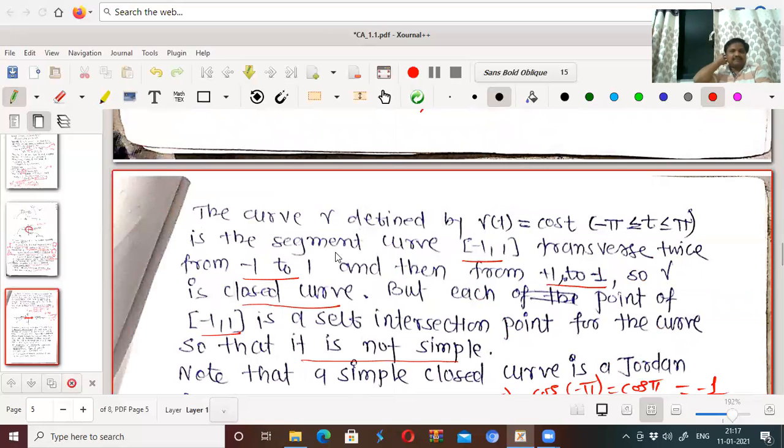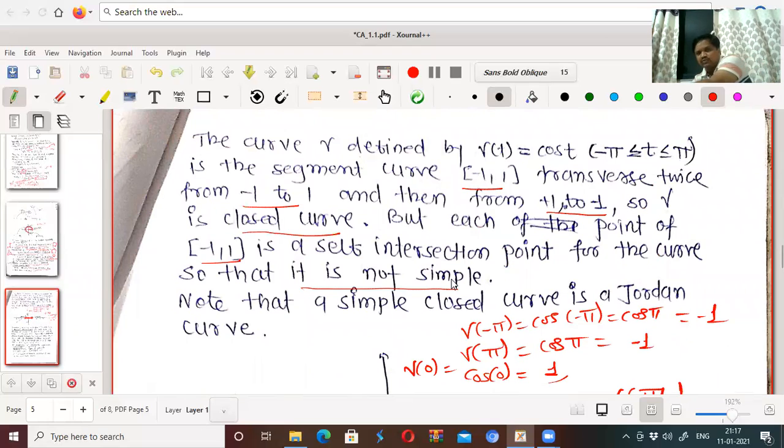The curve gamma defined by gamma of t is equal to cos t, where t lies between minus pi to plus pi, is the segment minus 1 to plus 1 closed interval, traversed twice from minus 1 to plus 1, from here to here and then here to here, but then from plus 1 to minus 1.